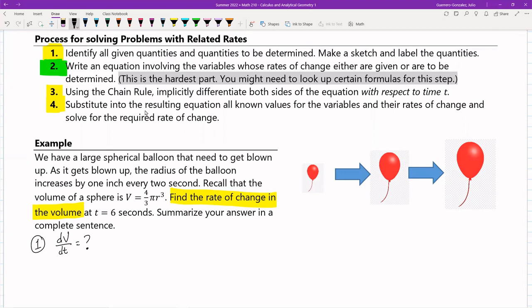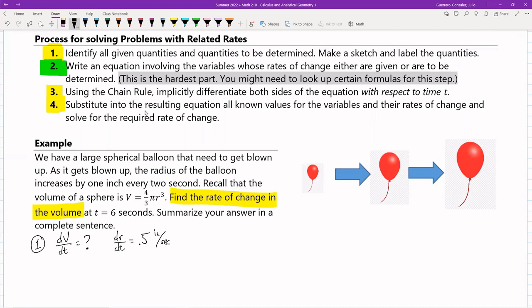We have one more value here. We have dr over dt, so the rate of change in the radius. That was the 1 inch every 2 seconds, or equivalently 0.5, and I'm going to go ahead and write the units here, inches per second.